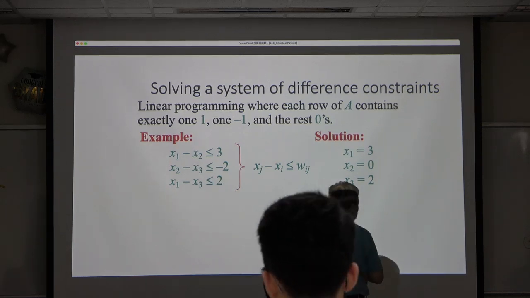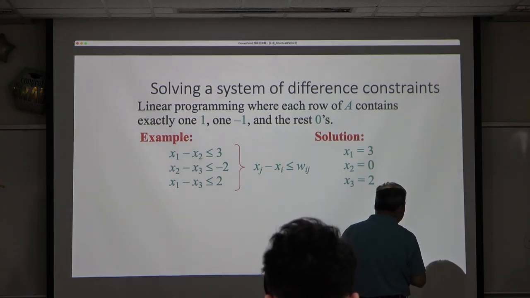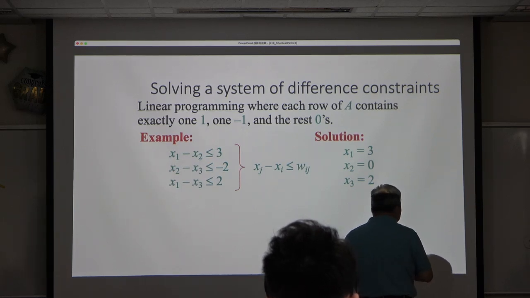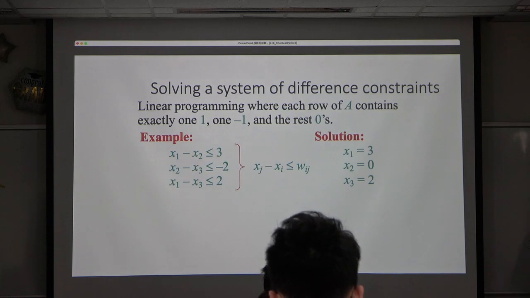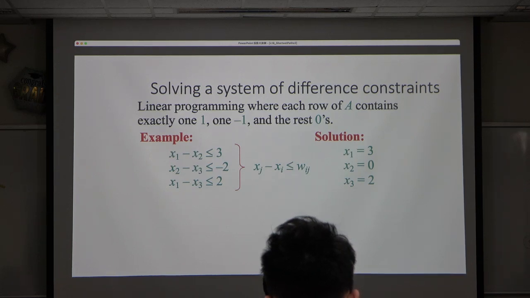Oh, I'm sorry, I made it wrong. The pointing direction is here. So it should be 0, -2. So this is -2, this is 0. It should be like that. Okay, I made a mistake.